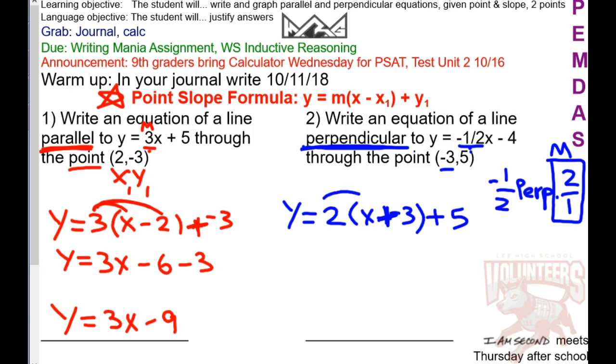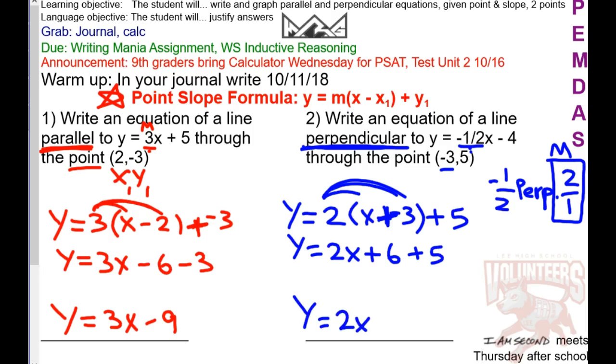Okay. So we used our perpendicular slope, we plugged in our point, and now we have to do 2 steps, distribute and combine. So 2 times x, 2 times 3, and then we bring down the plus 5, and then we combine like terms. So 2x plus 6 plus 5 is 11.